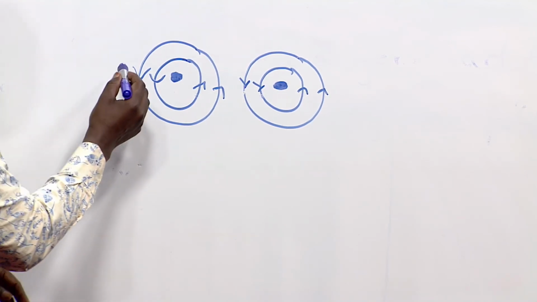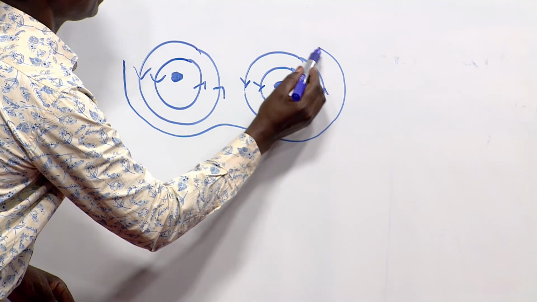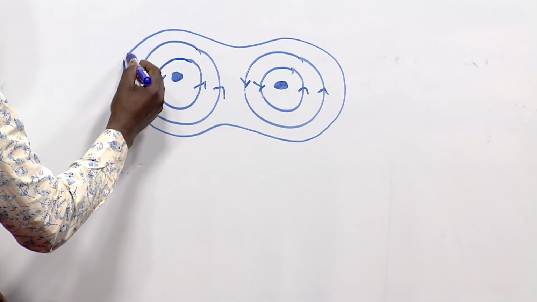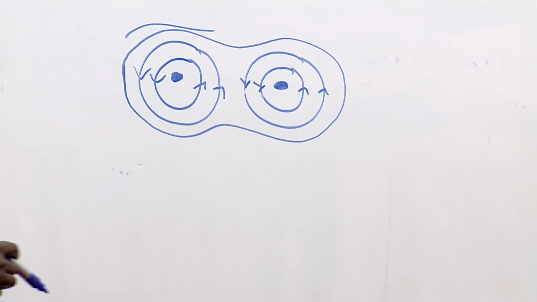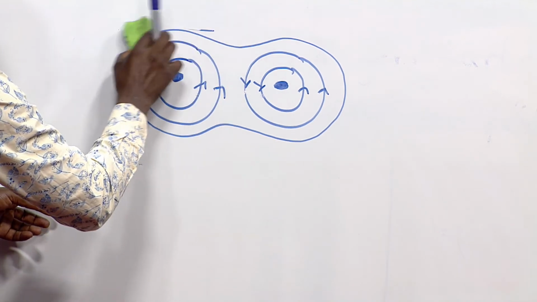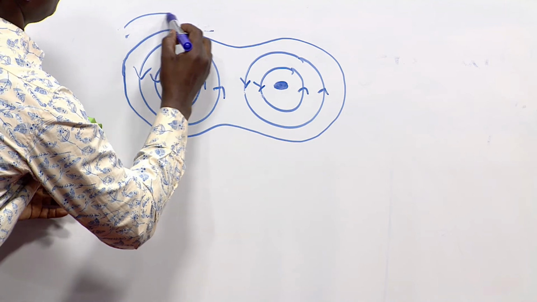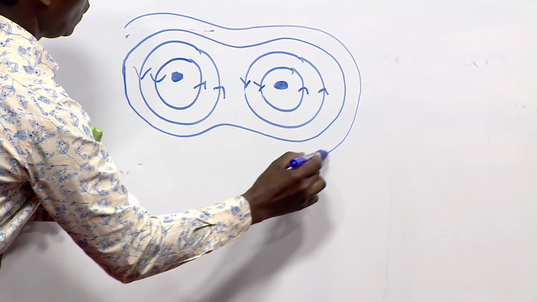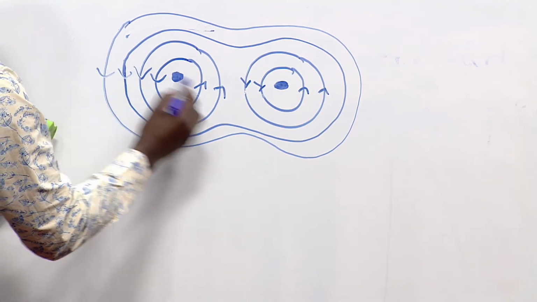So you can even have a magnetic field line like that. Remember, I said they shouldn't cross. So you can have it this way, then it goes like that. You do this.